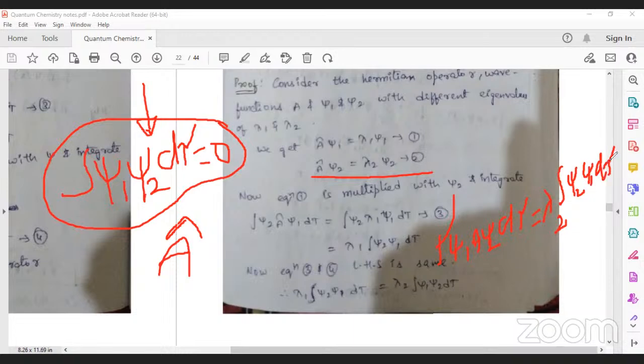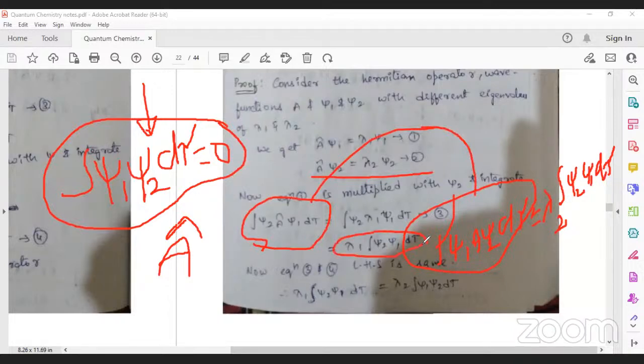So this is the thing we will get. This is equation number 4. This one and this one are both the same; according to the Hermitian operator, these two are the same. Therefore, we are going to equate these two, that is, lambda 1 on the LHS and lambda 2 on the RHS.